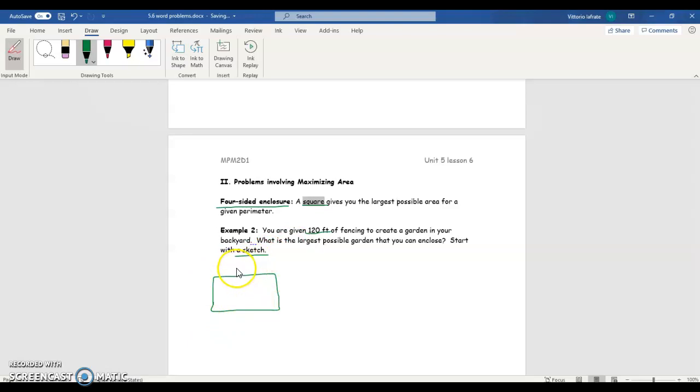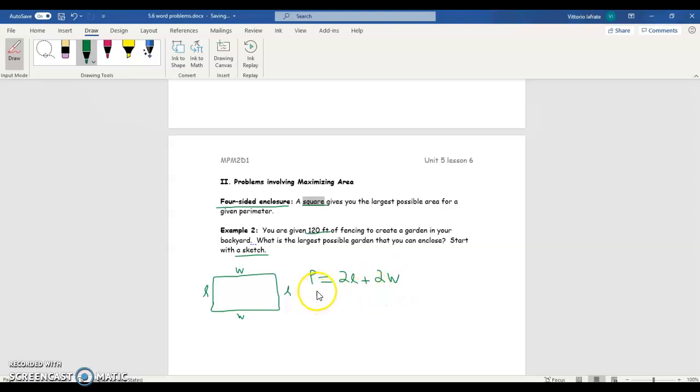We're going to have our width over here, our width over here, our length over here, and our length over here. So the perimeter of this enclosure is L plus L, so 2L, plus W plus W, so plus 2W.